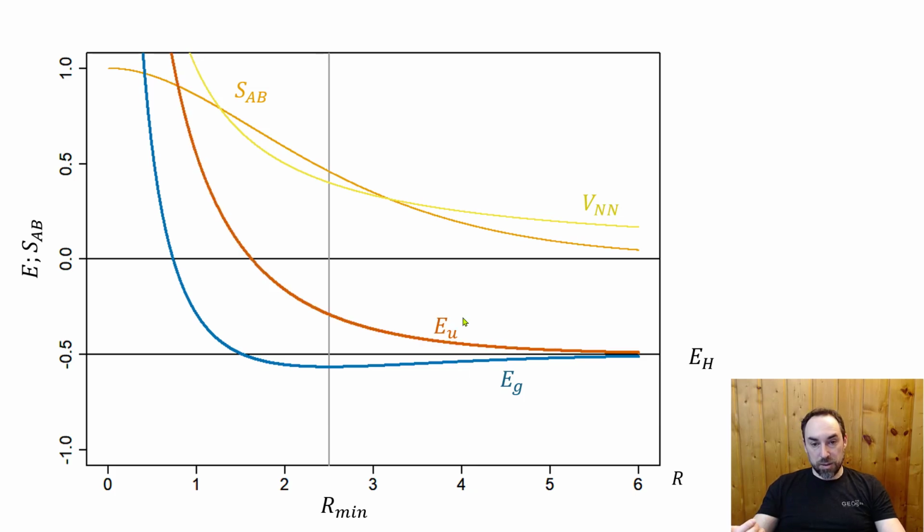We look at the other solution, the anti-bonding orbital, and we see that its potential is always repulsive. In the ground state, we saw that there was a dip forming. If we think of dropping a ball on this blue curve, the ball is going to find its place down there.